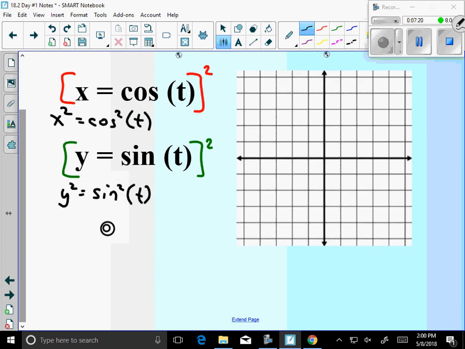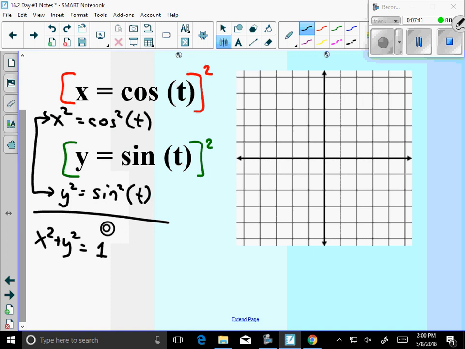Now, if I want to get things in terms of just x and y, there's a nice little trick to this. I'm going to add this and this. X squared plus y squared. And what is sine squared plus cosine squared? 1. So that's a circle with radius 1.